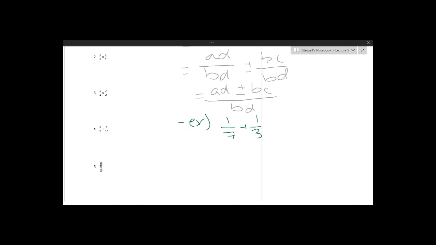So you have to consider parts of the same whole, or else it becomes meaningless. 1/7 is when you divide one into 7 parts. 1/3 is when you divide one into 3 parts. So they're different in size. You can't really say much when you're just adding them like this. You'd have to consider them as parts of the same whole in order to make any kind of natural sense of that.